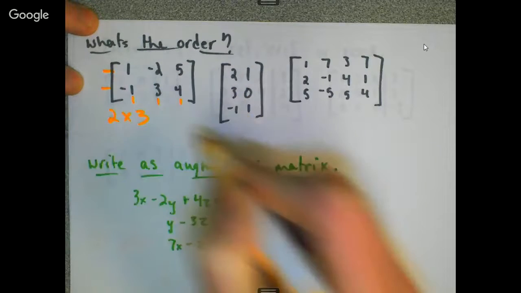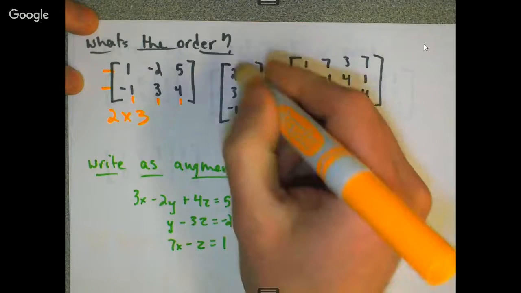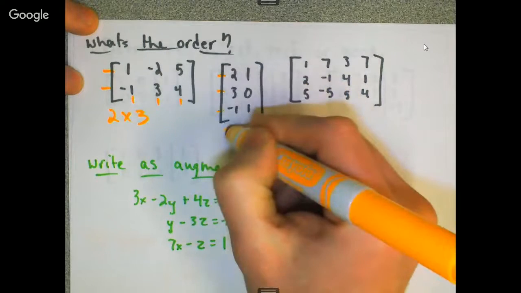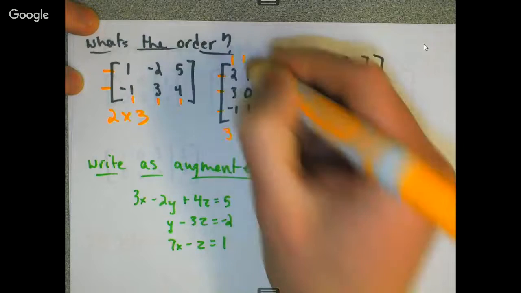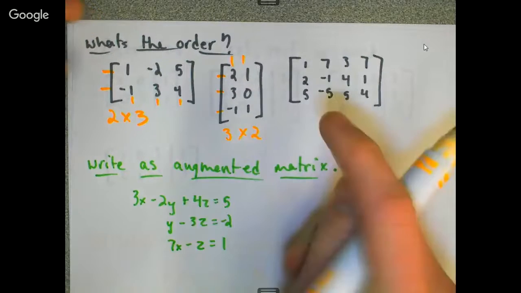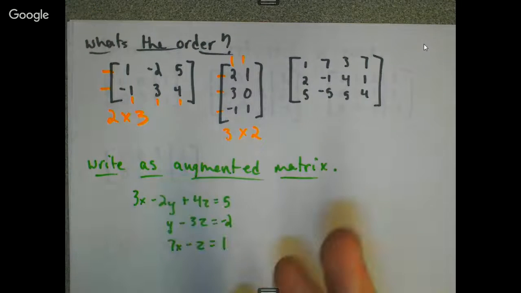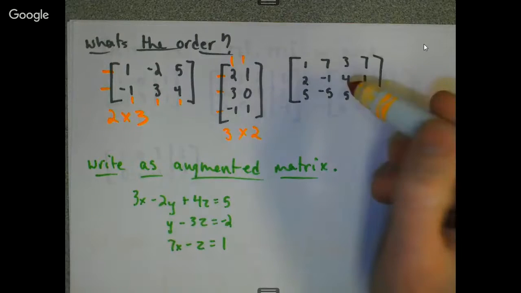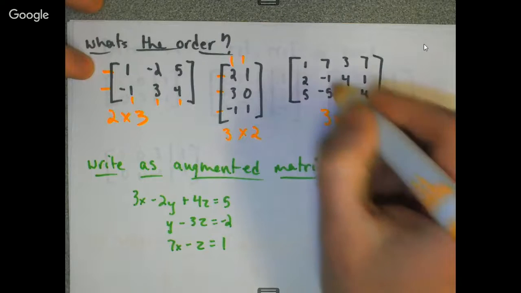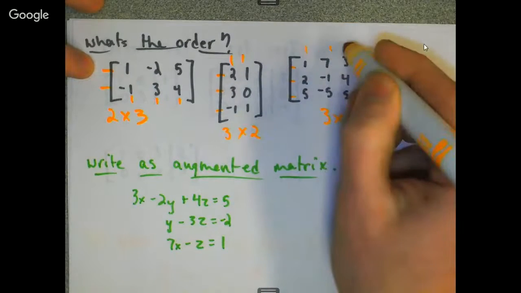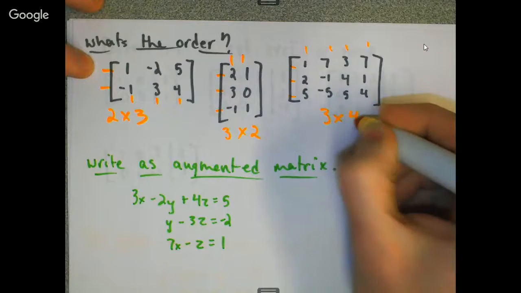So that's a 2 by 3 matrix. This next one has 1, 2, 3 rows, and it has 1, 2 columns. So it's a 3 by 2. Notice they're kind of switched around a little bit. Okay, this one has 3 rows and 1, 2, 3, 4 columns. So that's a 3 by 4.